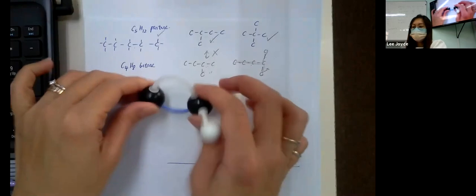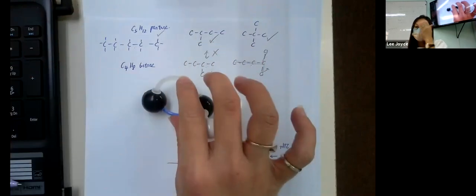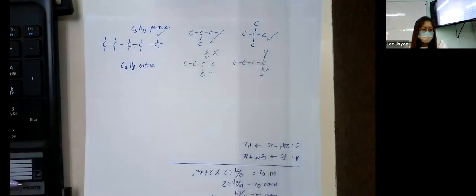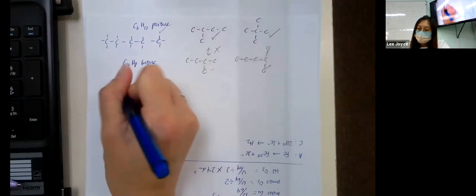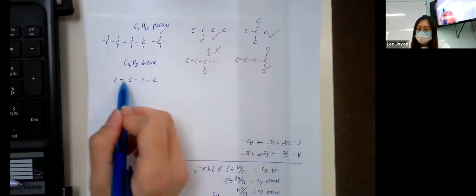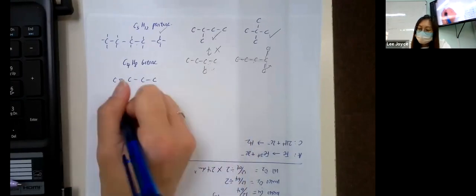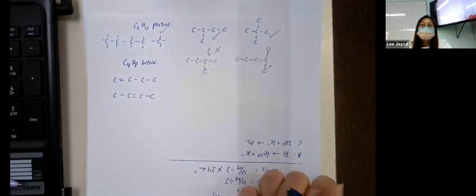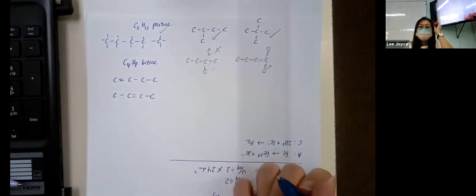It cannot be rotated because it's being restricted by these two covalent bonds already. So the isomerism concept for the alkene is a change in the position of the functional group, such as this. They are considered to be isomers. They are different.